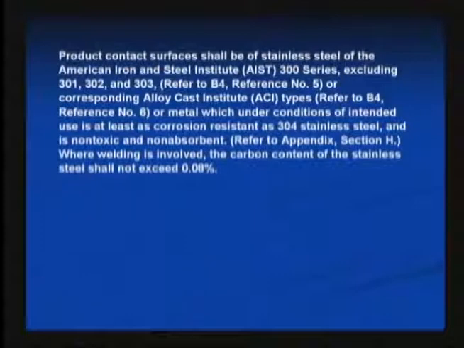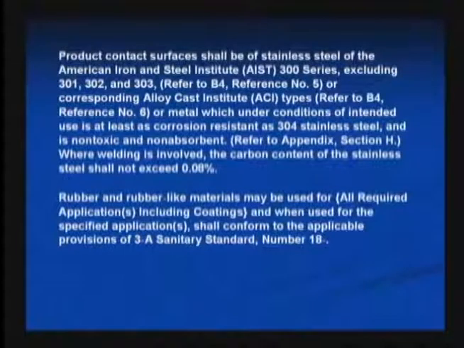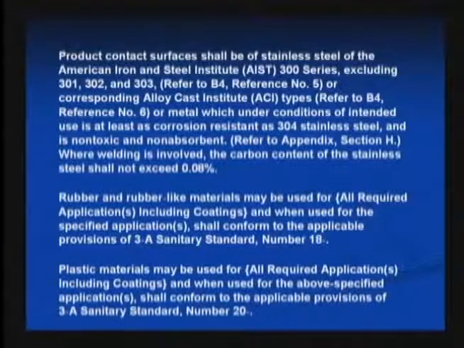Within the materials sections, you'll have a section for rubber and rubber-like materials, which are covered by a 3A sanitary standard, and this will be one of your normative references. The standards require that you list all of the applications, including coatings, where you're going to use these materials. 3A standards want the rubber and rubber-like and plastic materials where they want the applications listed.